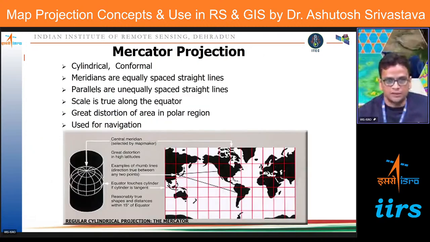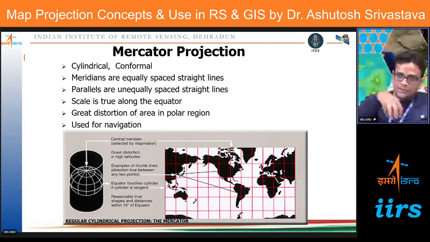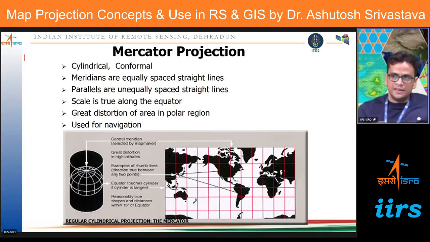The Mercator is basically based on the cylinder: we put the globe inside the cylinder and project onto its wall.